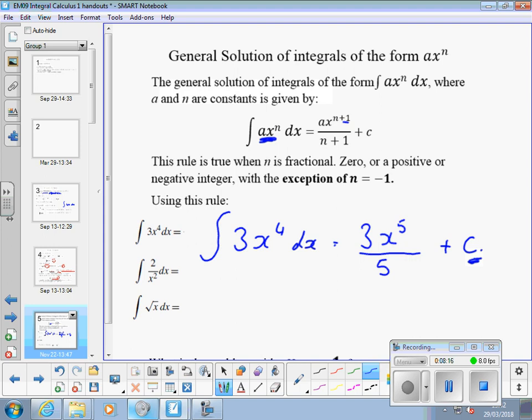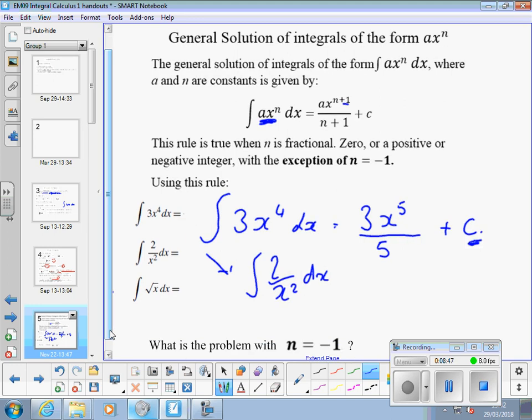What about this one? I'll put it down in there. Integral of 2 over x squared dx. What do we normally have to do with that underneath? Yeah, it equals the integral of 2x to the minus 2 dx.